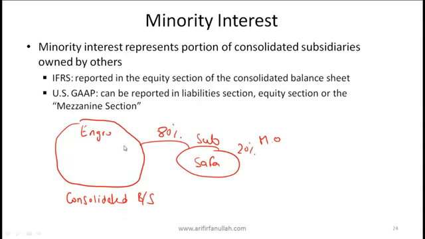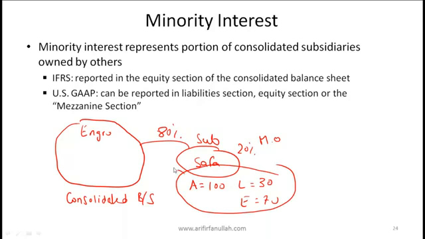Now let's say that the total assets of Safa equal 100, the total liabilities equal 30, and the equity is equal to 70. When Safa's balance sheet is consolidated into Engro's balance sheet, the entire assets of 100 are shown as part of Engro's balance sheet, and similarly the entire liability is shown on Engro's balance sheet.